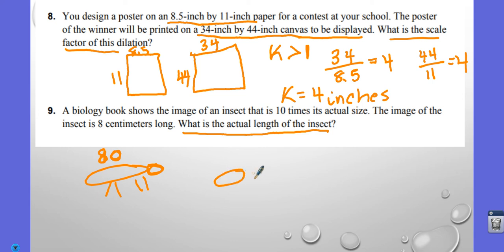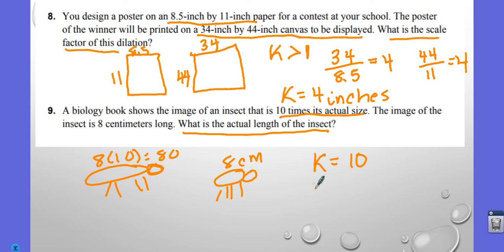Okay, so here's my little bug, and it's 8 centimeters. It tells me the book is 10 times its actual size. So if I start with 8 centimeters, to get the actual size I just do 8 times 10. So the K here is equal to 10 and it's greater than 1, so this is an enlargement.